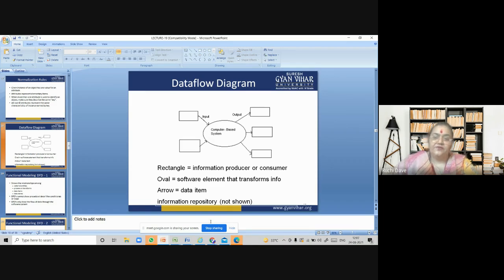Rectangle, information producer or consumers being depicted there. Oval shape is the software element that transforms into. Arrow means data item, and information repository is not shown here. You know that we actually draw that on open-ended box, right? So that is what the data store that we show. Right now it is not being shown here.